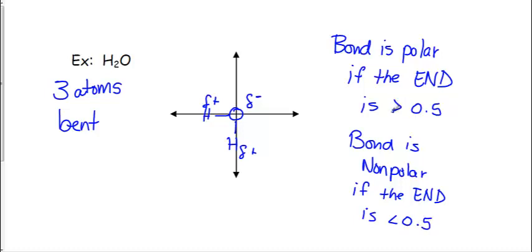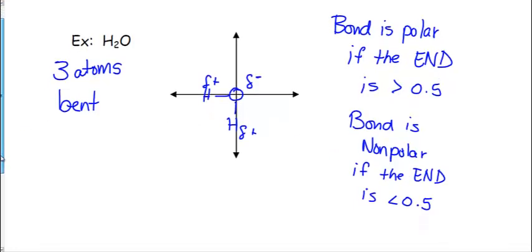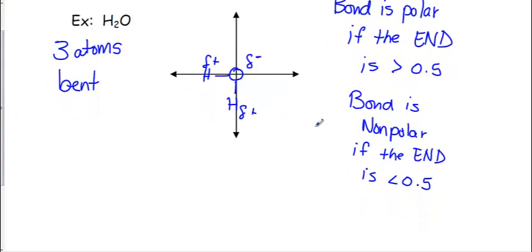Okay, and remember guys, this is greater than and this is less than. All right, I'm just abbreviating it with the symbols. So again, if the electronegativity difference is less than 0.5, but it is asymmetrical, it can be a polar molecule, but with nonpolar bonds.